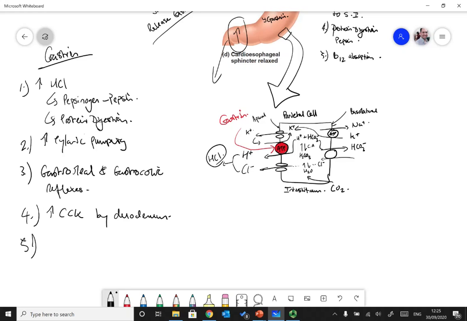What else is it going to do? It stimulates the release of bile. It stimulates the release of pancreatic juice. Where are they coming from? Gallbladder and pancreas.